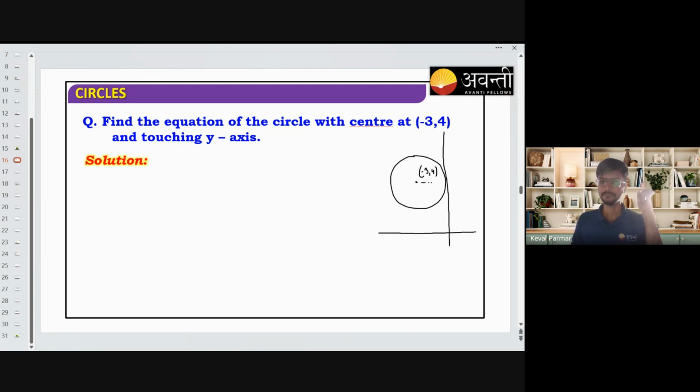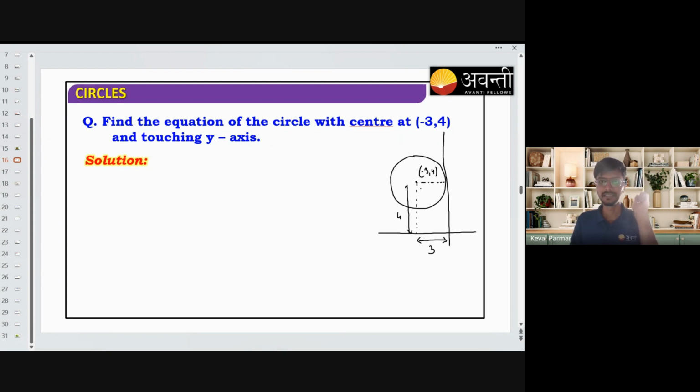Now, as you all know, if this point is minus 3 comma 4, then this distance is 3 and this distance is 4. Correct, guys? So if the center is minus 3 comma 4, this distance is 3, this distance is 4. As we all know, simple from 9th standard.